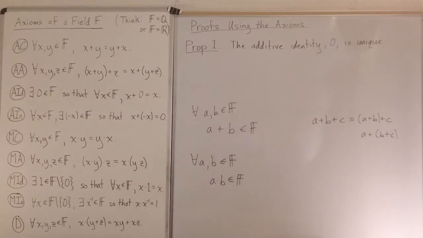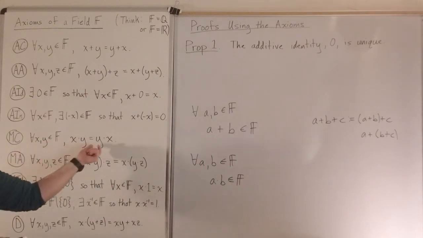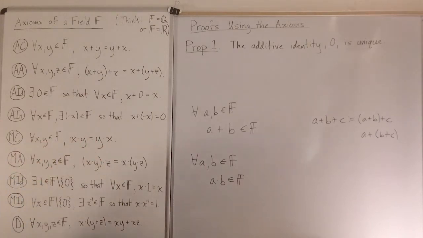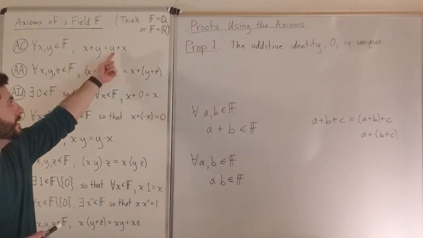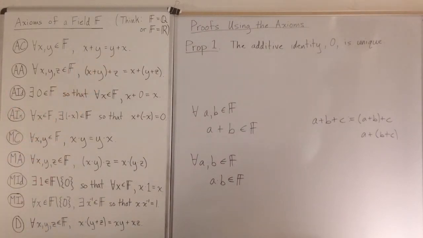Okay, so those are the axioms for addition, and now we have very similar axioms for multiplication. To start out with, for any x and y in the field, x times y is equal to y times x. That's the commutativity of multiplication. It's very similar to the one for addition, except we're using multiplication instead of addition. And the same thing goes for associativity, MA.